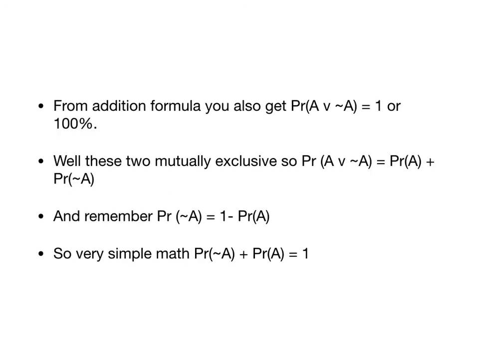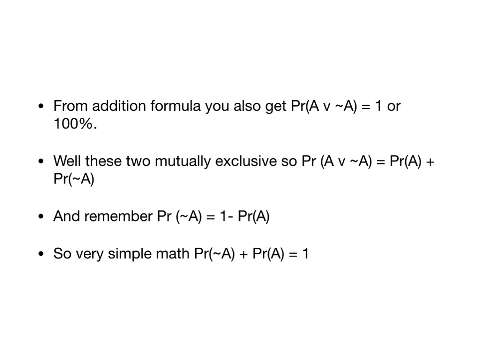Now, if you wondered last time, from the addition formula, you can also get that the probability of A or not A is 100%. Think about it this way. A and not A are mutually exclusive. If A happens, not A can't happen.